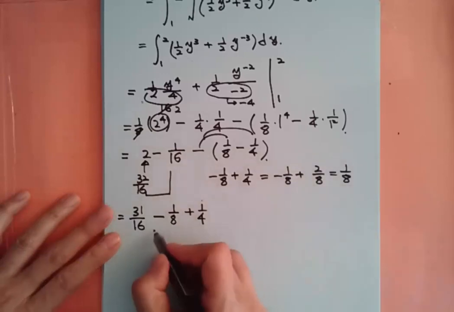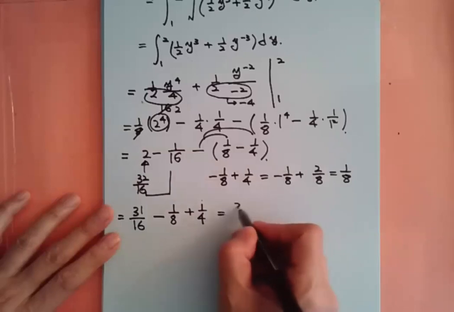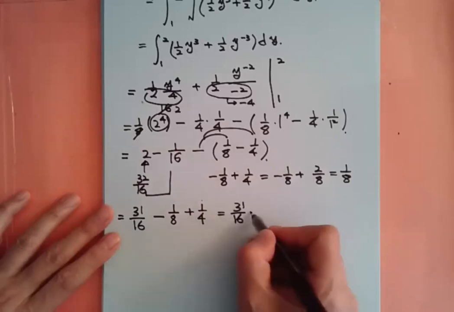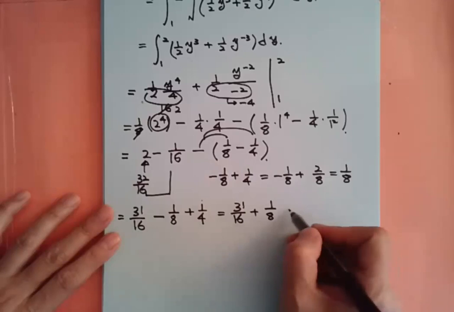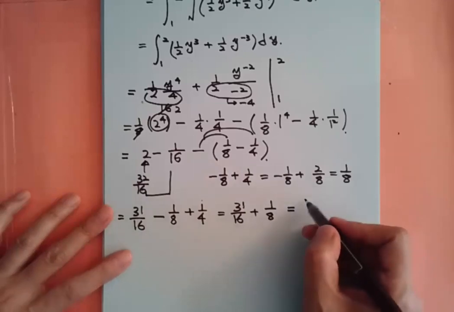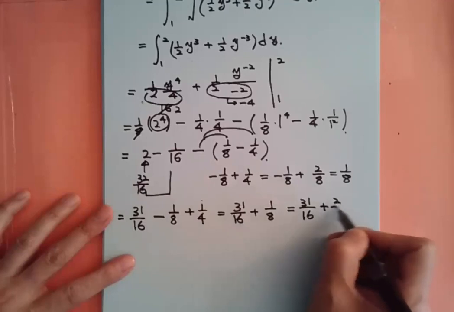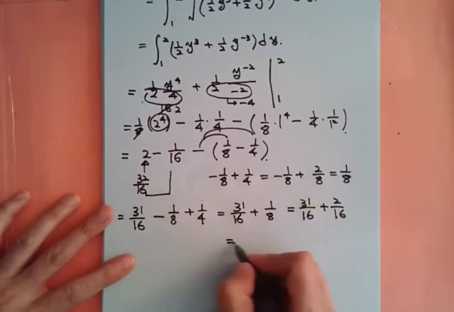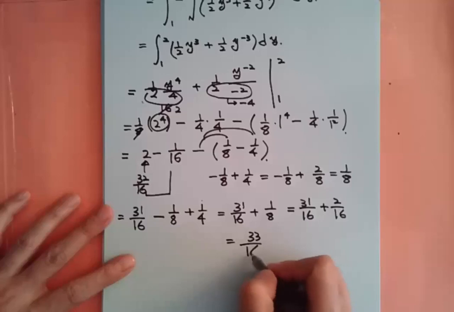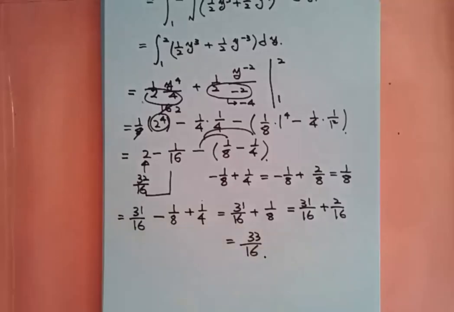So this part is 1 over 8, right? 31 over 16 plus 1 over 8. The common denominator is 16, so 31 over 16 plus 2 over 16, which is 33 over 16. So we got the answer eventually.